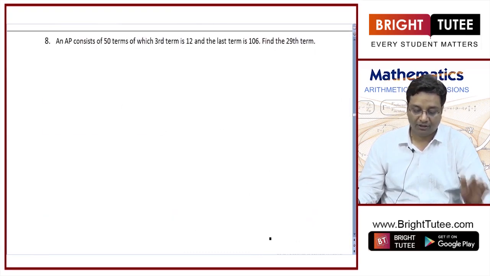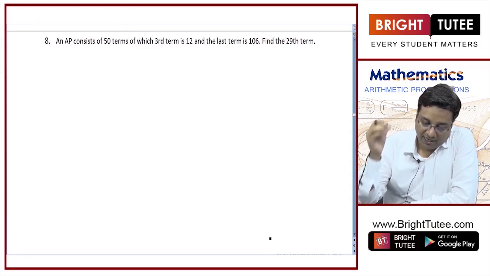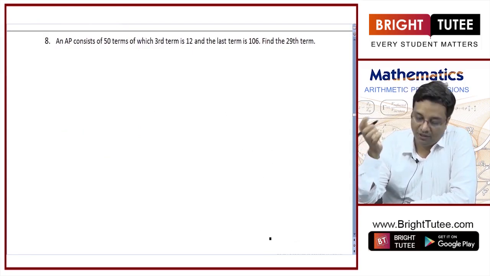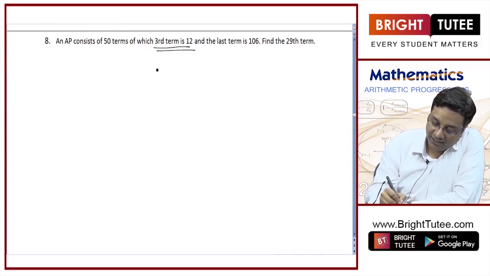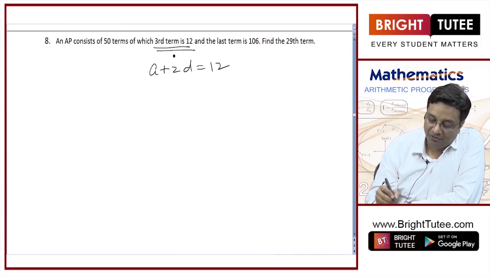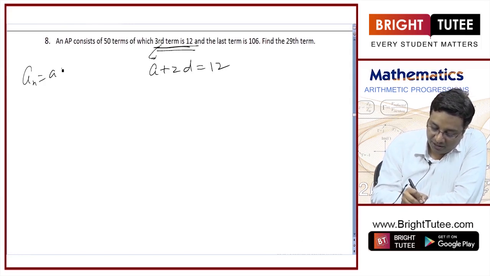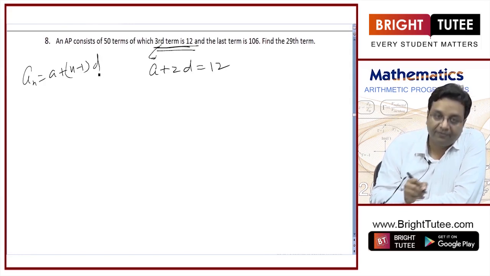Let's move on to the next question, which says an AP consists of 50 terms, of which third term is 12. So we can write it mathematically as A plus 2D is equal to 12, right? For those students who still don't understand why I am writing third term as A plus 2D, nth term is A plus n minus 1 into D, right?